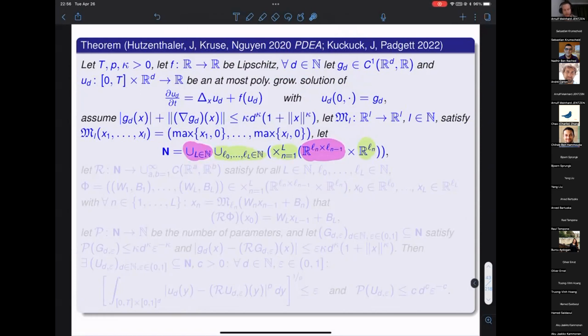And now to each such L-tuple of matrix-vector pairs, we assign a function.